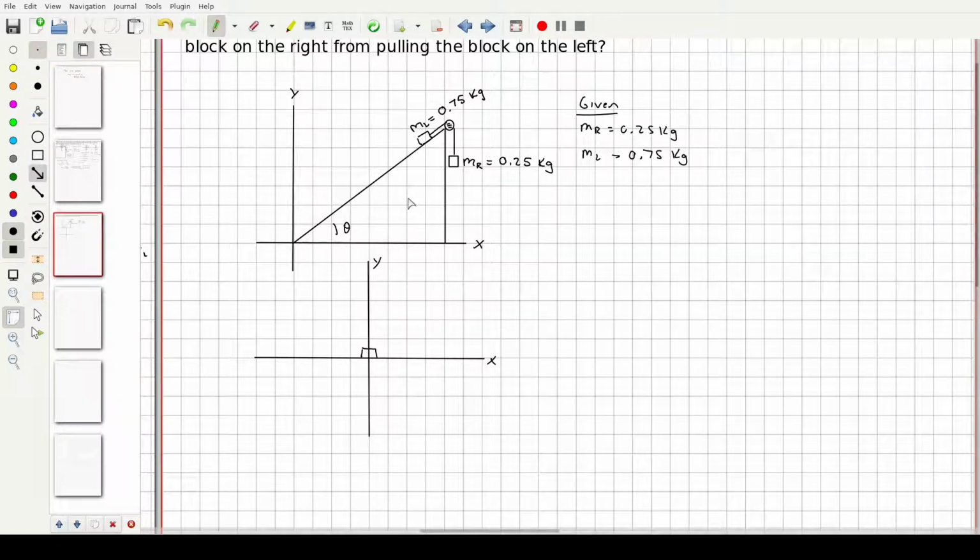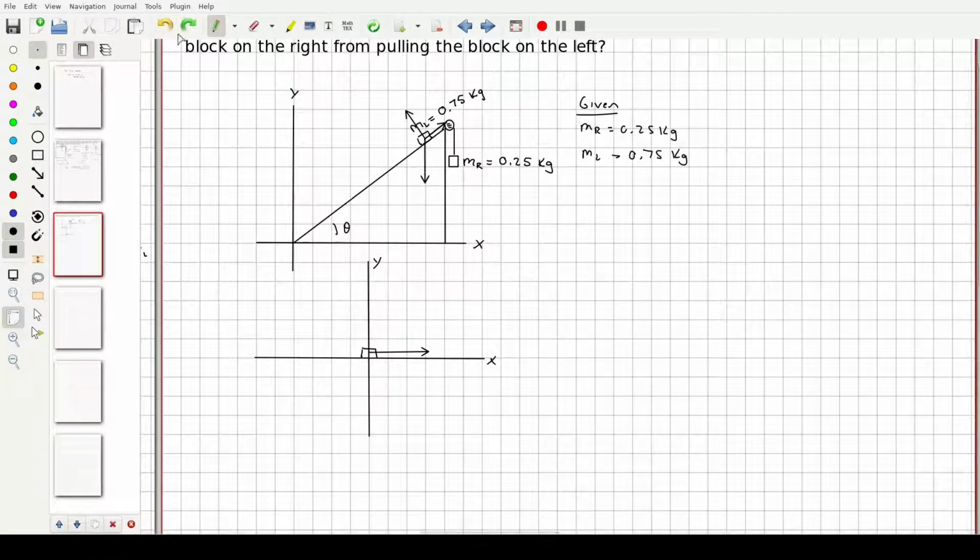Now, as drawn, we have a tension that goes this way. But when you look at this in the plane, our weight goes off this way.